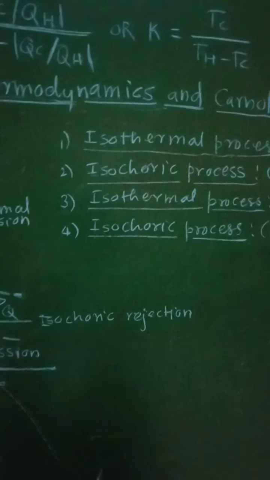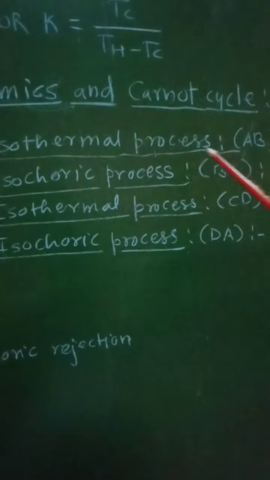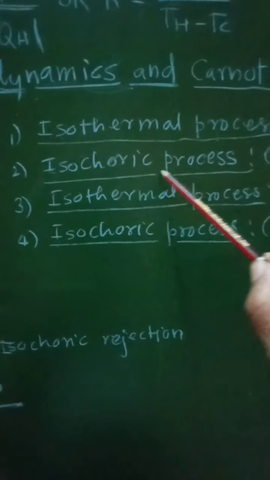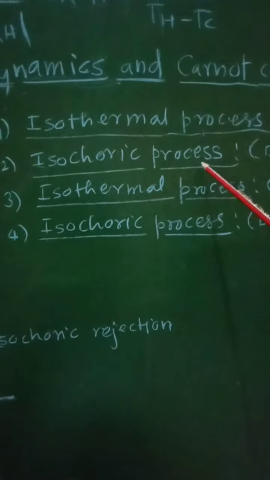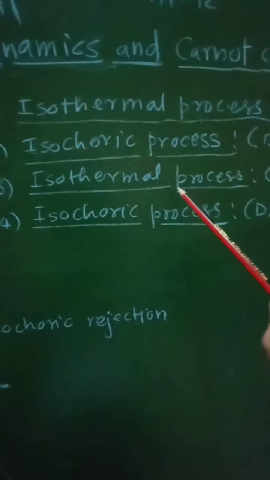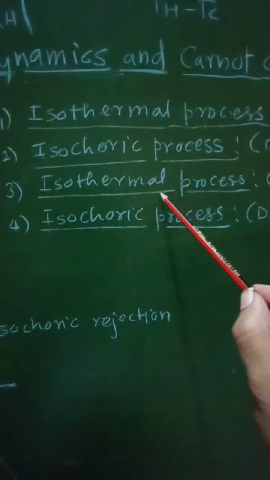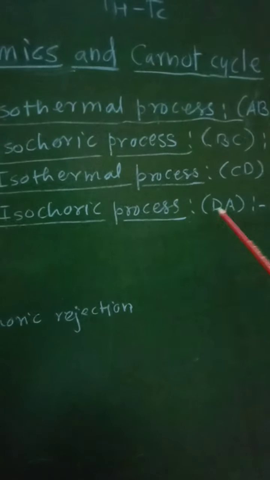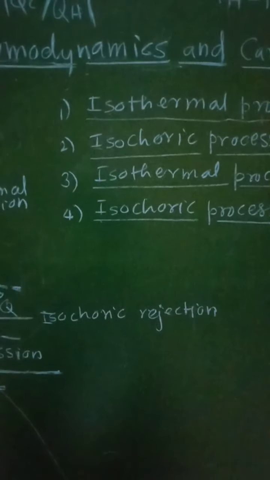The four processes are: the isothermal process for part AB, in which there will be expansion of the gas; the isochoric process BC, in which some heat energy is rejected to the refrigerator; the isothermal process CD, which is isothermal compression; and the isochoric process from D to A, in which the gas absorbs some heat energy Q.